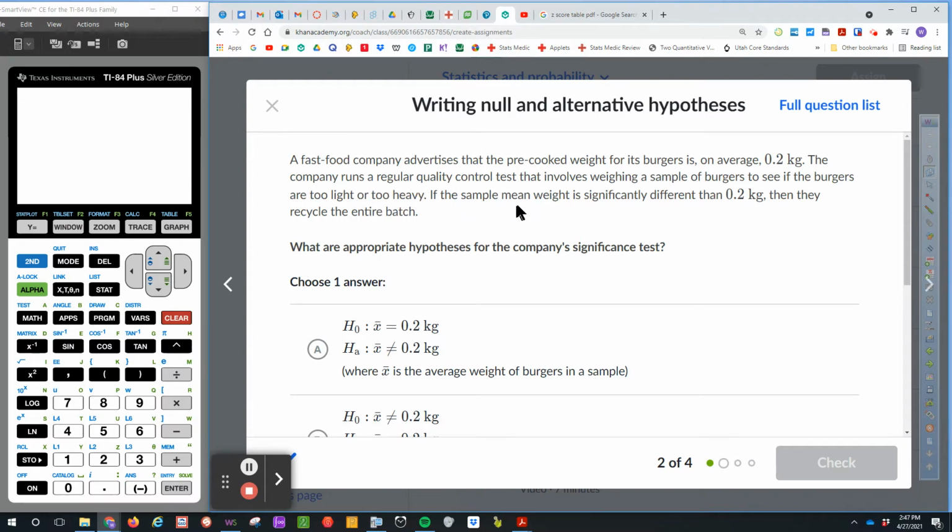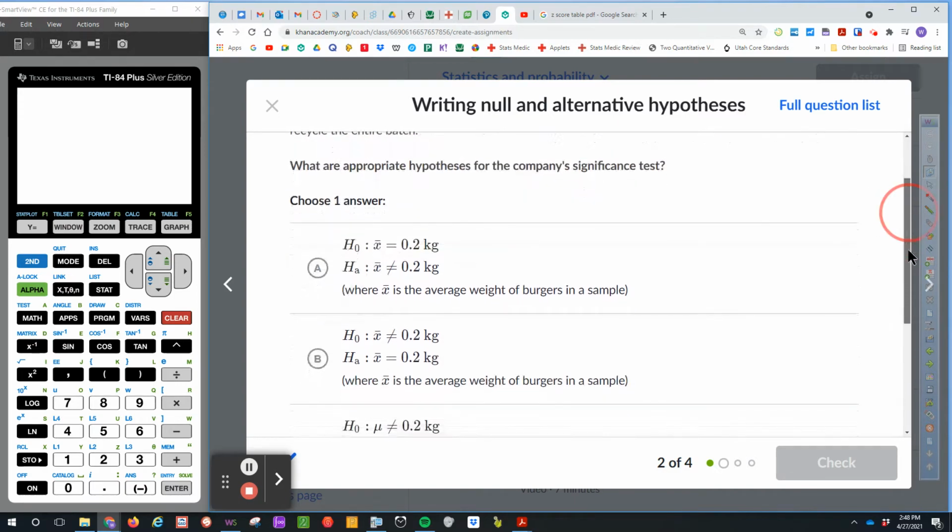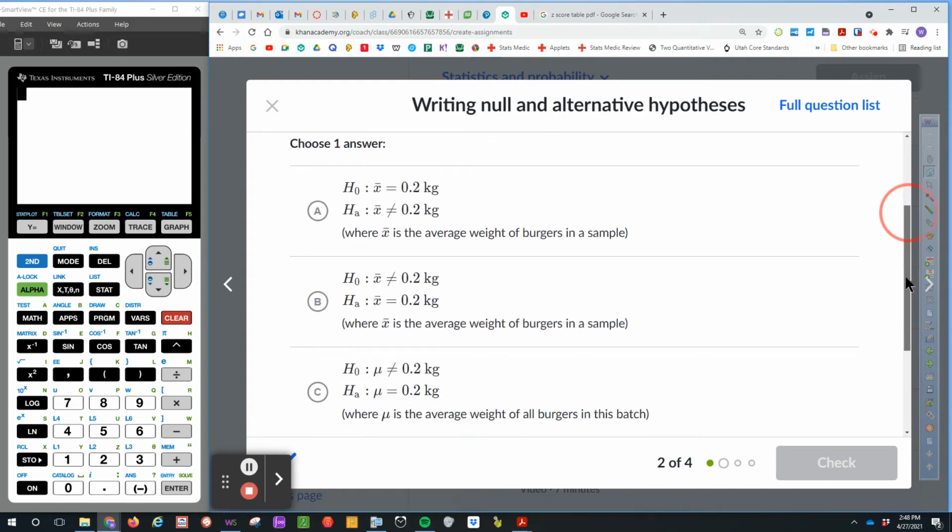If the sample mean weight is significantly different than 0.2 kilogram, then they recycle the entire batch. Look, the company advertises that the pre-cooked weight for its burger is on average 0.2. So this is what the fast food company is claiming, right? That's their claim. So the null hypothesis will be their claim.